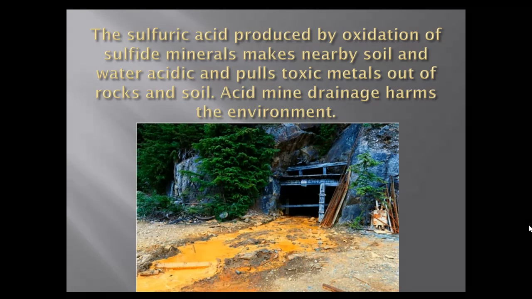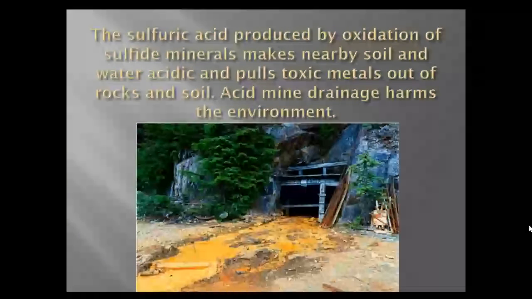The metals would normally just stay in the soil and the rocks, but when there's an acid there, the acid will get those toxic metals into the water. So acid mine drainage is bad enough, but it also goes along with toxic metals, and those can drain into waterways.